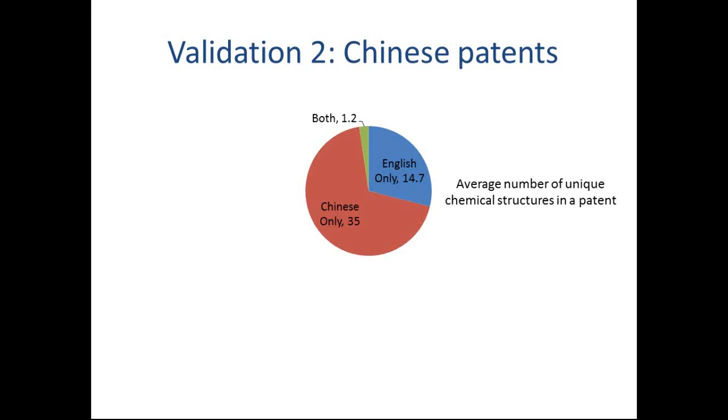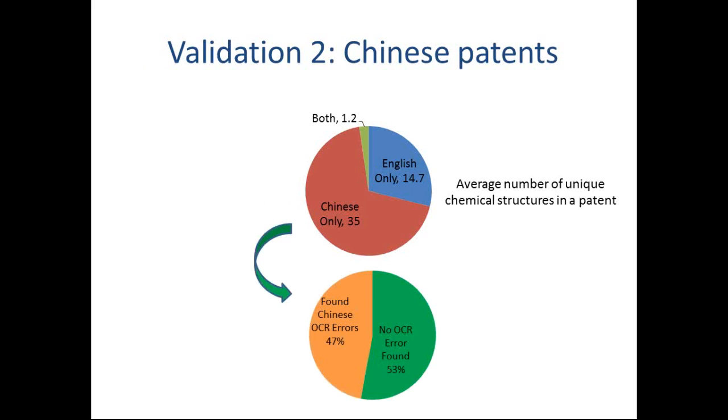Only about 1.2 structures per patent are from both Chinese and English names, which means there could be a lot of corrections. The English translation could be wrong in this case. And also, out of these 35 Chinese structures, about half of them, 47%, we found Chinese OCR errors, and we have to use our correction algorithm to convert them.